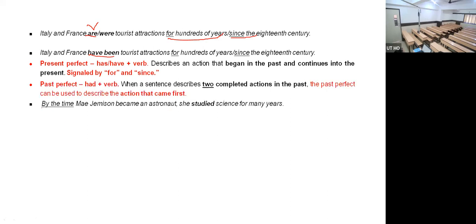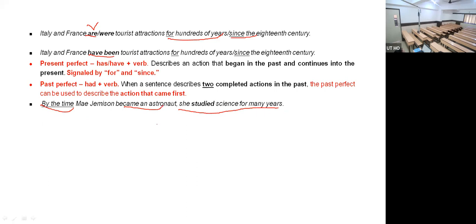Now if we have this one, by the time Mae Jemison became an astronaut, she studied science for many years. What do we have here? By the time coming in. So that means she studied science for many years before she became an astronaut, right?